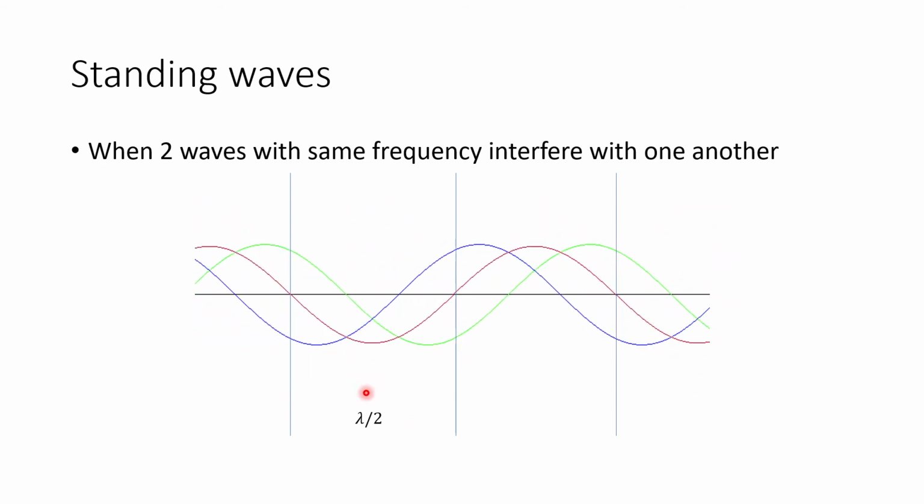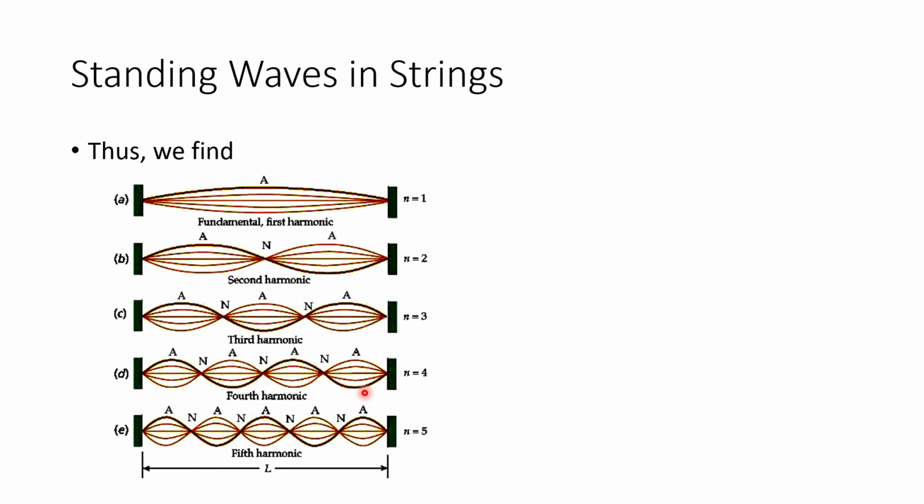Okay. However, not every single condition would create a standing wave. The standing wave is only satisfied when the lambda actually matches the boundary condition right here. For example, on the left side, the fork is giving the vibration, and on the right side is the pulley. So by having that, you can actually have this one antinode right here, and the fixed end on the left side and the right hand side is going to be always the node.